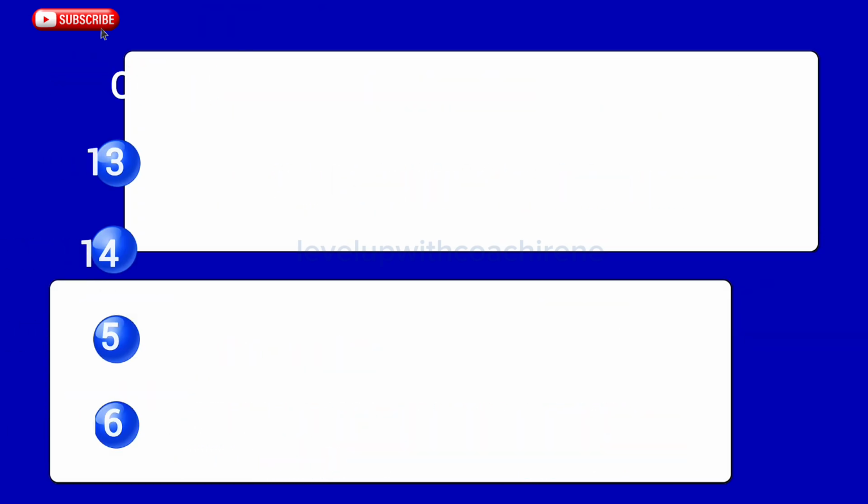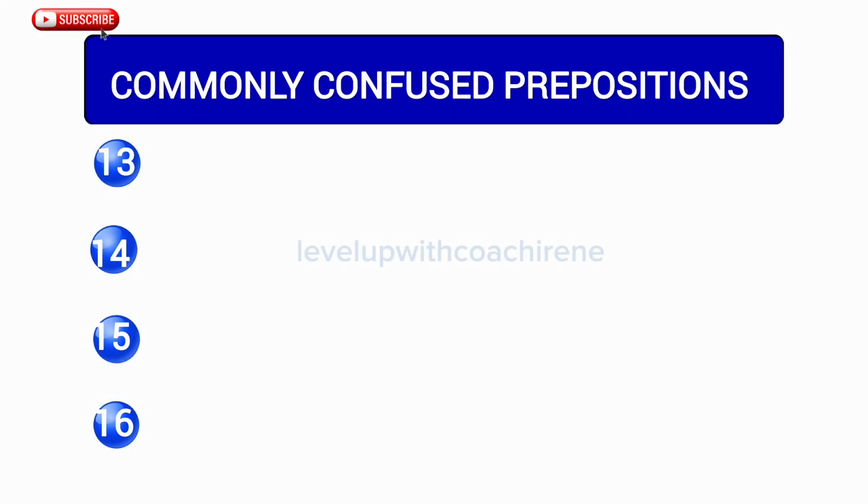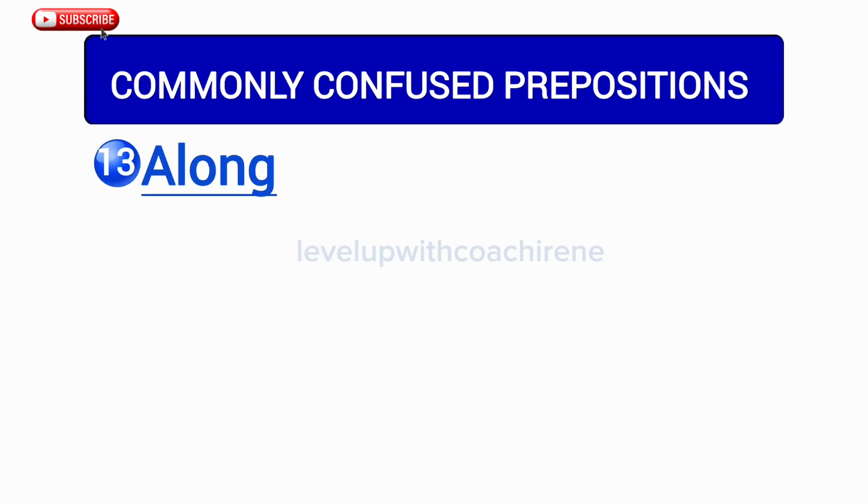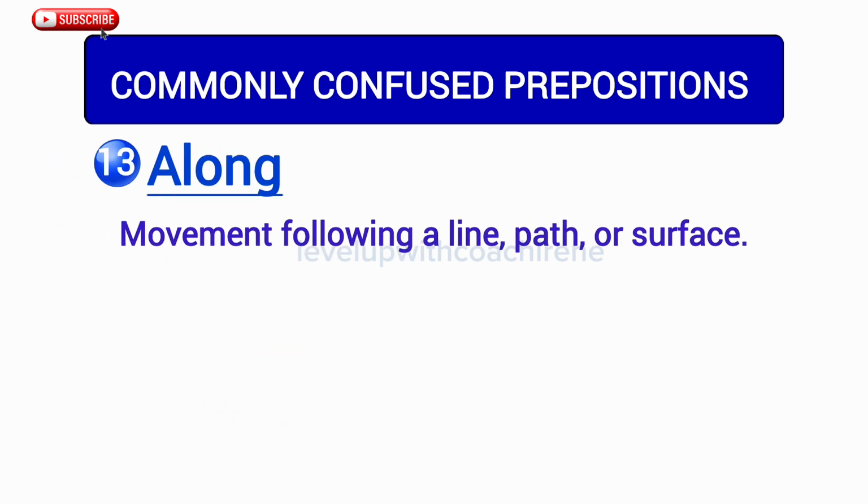Moving forward, we're going to be looking at 4 commonly confused prepositions. They include along, around, across, and through. Along describes movement, following a line, path, or surface.